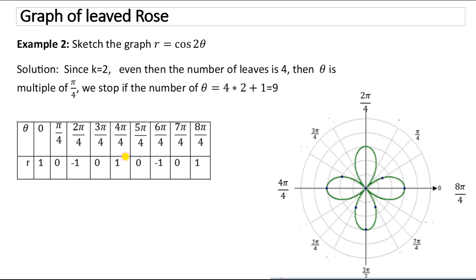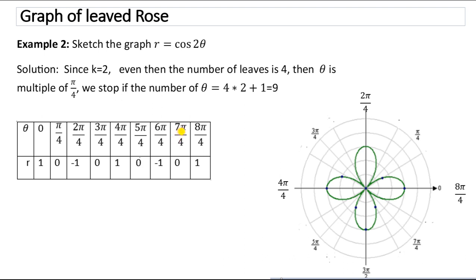If theta equals 5 pi over 4, I get cosine 5 pi over 2, 0. If theta equals 6 pi over 4, I get cosine 3 pi, minus 1.